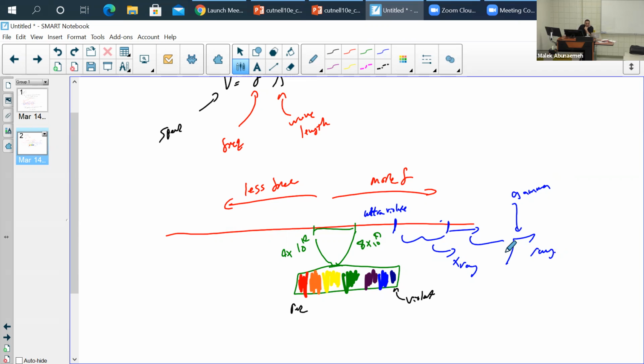Now, on the other side, under the red, you're gonna have your infrared. And then you get your microwaves, and then your radio waves.